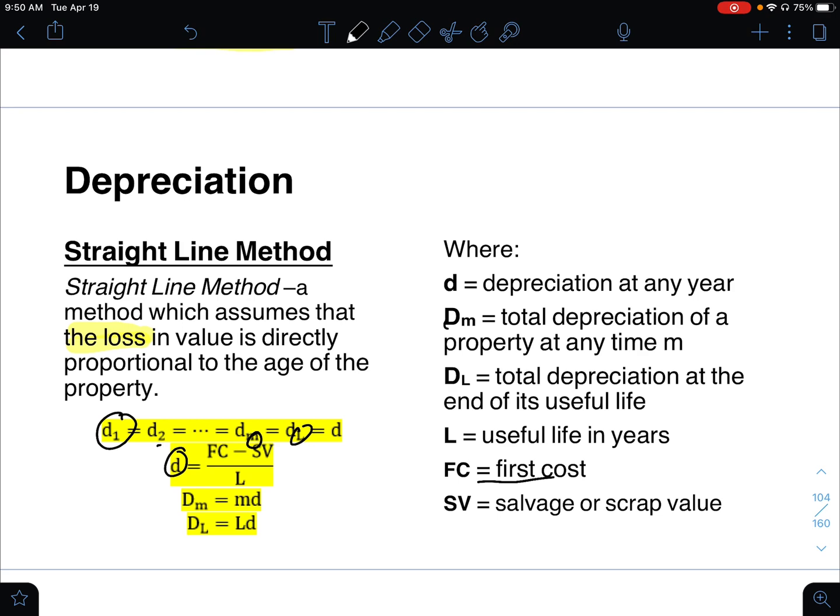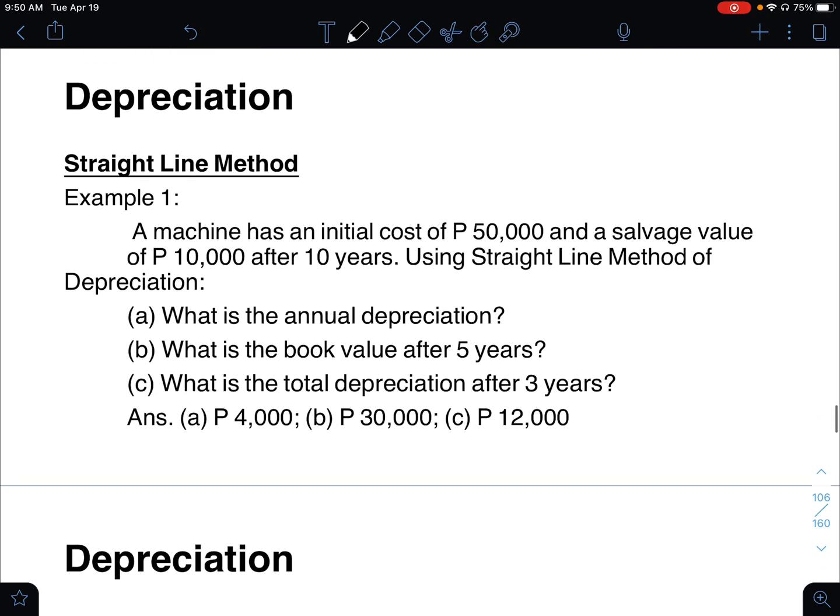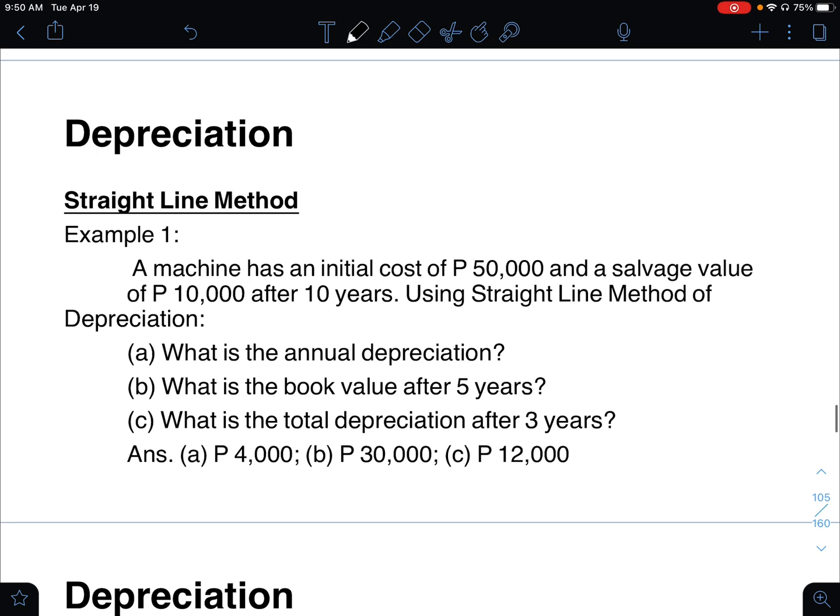So in straight line method, we have 4 examples. Now we are going to understand kung saan sila pag-solve one by one. So let's start with number 1. Number 1, a machine has an initial cost of 50,000 and a salvage value of 10,000 after 10 years. So 50,000 yung initial cost, okay? Tapos later on, pag 10 years sa machine, nahimo na lang ang 10,000 yung value.